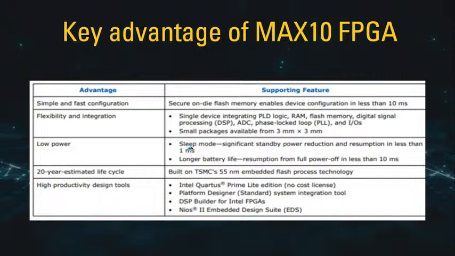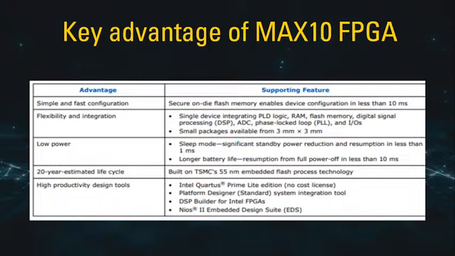And flexibility and integration. Our FPGA has PLD logic, RAM and flash memory, digital signal processing, ADC, and PLL. PLL is nothing but phase locked loop. It is used to create a required frequency by using the clock oscillator on the PCB. And also it has a large number of IO pins, like 484 pins.